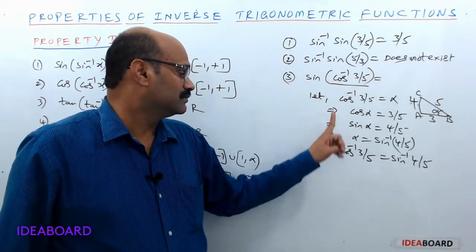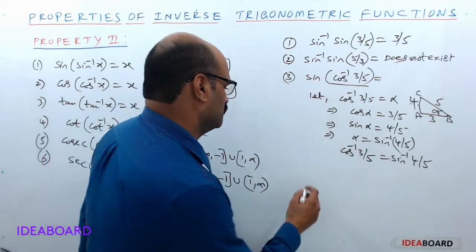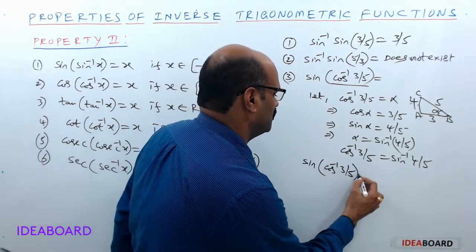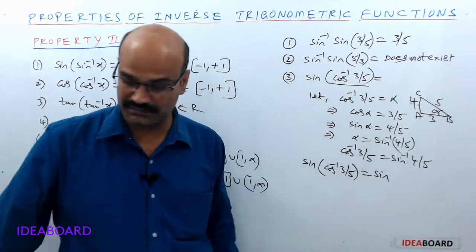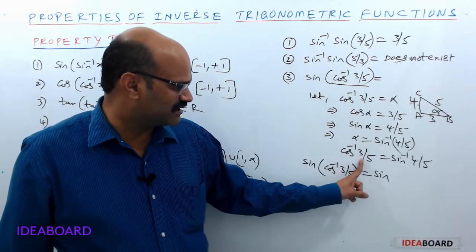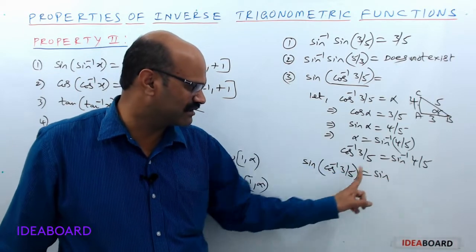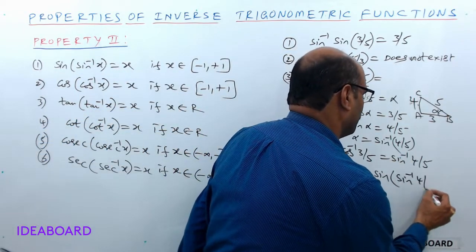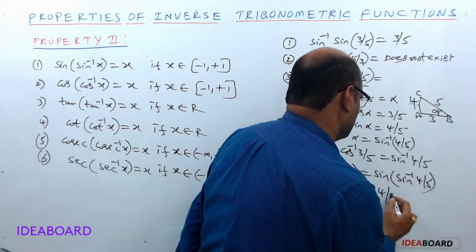Now we can write sin of cos inverse of 3 by 5 equal to sin of, we got cos inverse of 3 by 5 equal to sin inverse of 4 by 5. So sin of sin inverse of 4 by 5 is equal to 4 by 5.